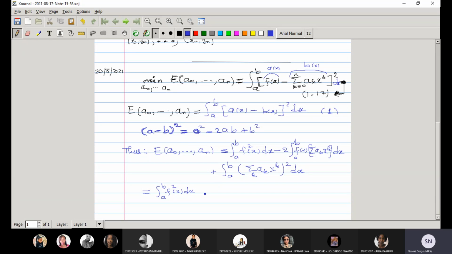When we differentiate. Okay, so now this expression I can write minus 2 times summation. So I can take this summation with the a sub k, because a sub k does not depend on x. So I can take that out of the integral sign. So under the integral, I will have this product, f of x, x to the k, or x to the k f of x.